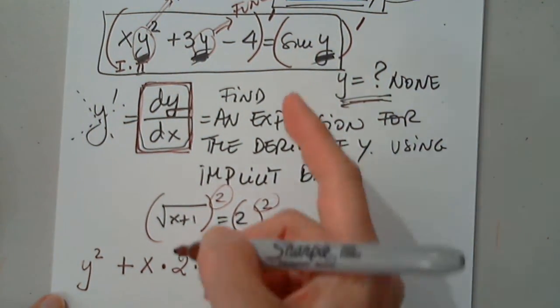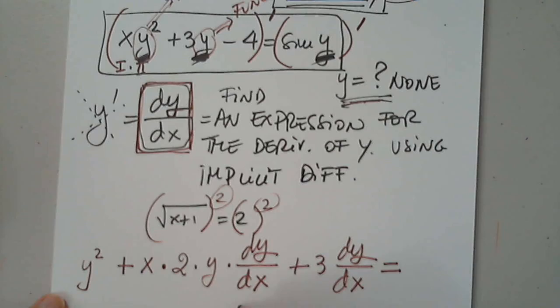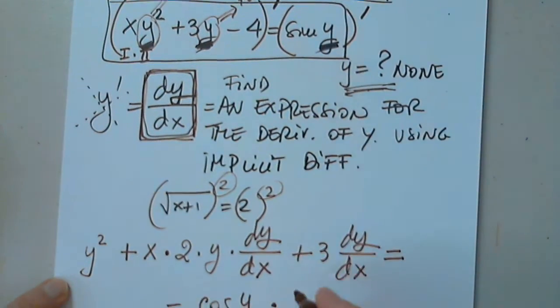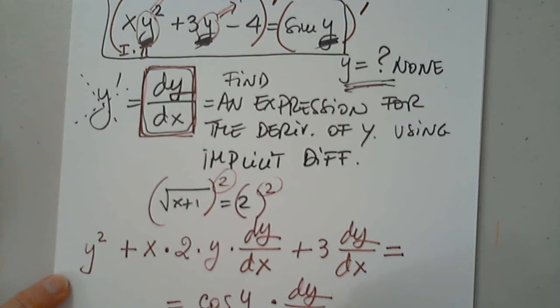When I differentiate the outer, I get cosine of y times, when I differentiate the inner, I get dy over dx.